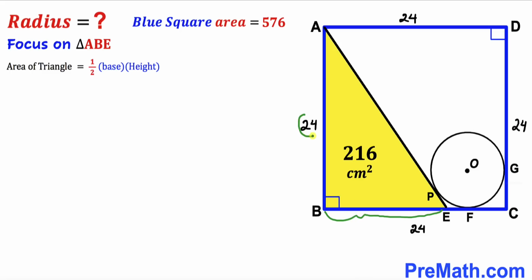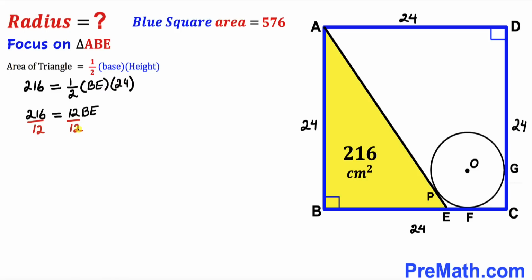The height is 24 and the area of this triangle is 216. So let's fill in the blanks in this formula. This is going to give us 216 equal to a half times our base BE times our height 24.